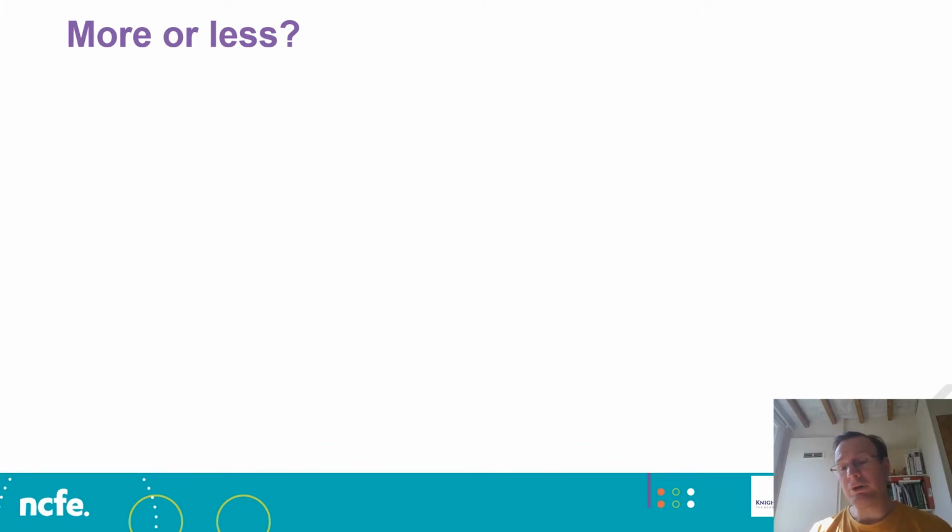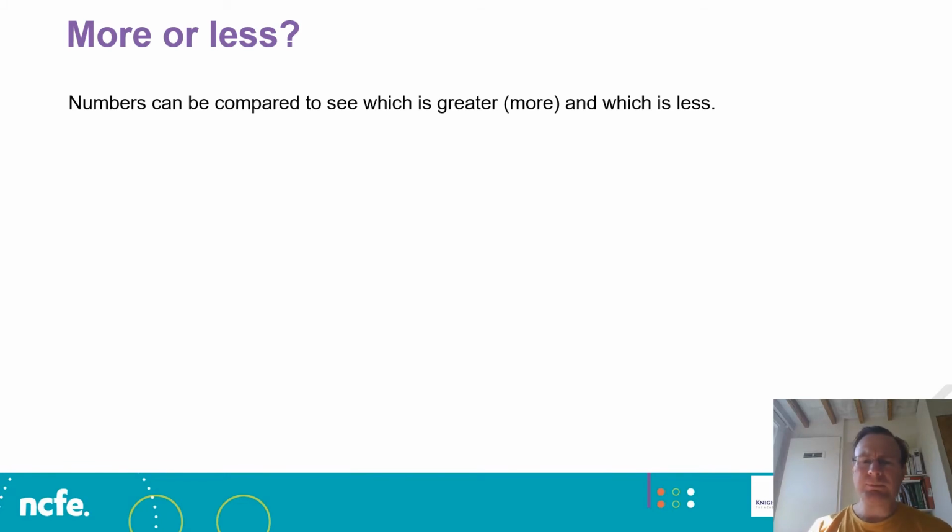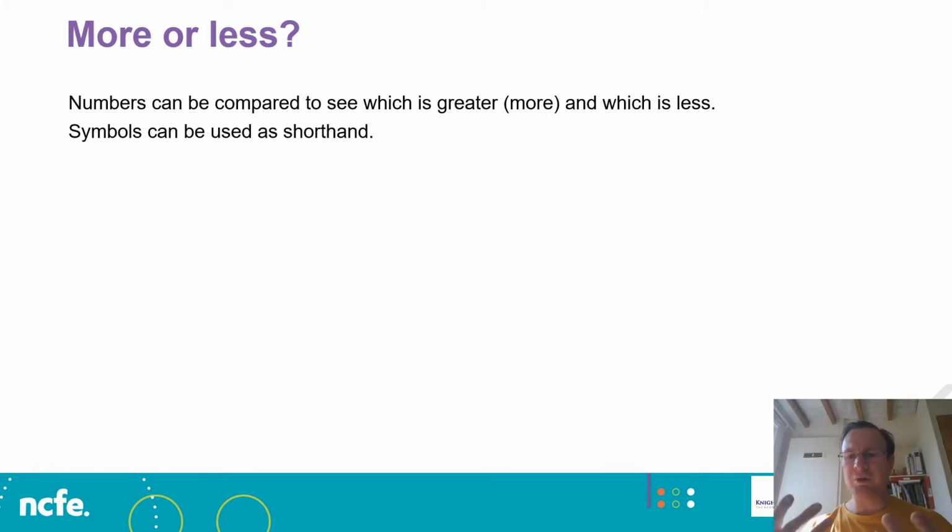So now we're moving on to these concepts of using figures to describe numbers as being more or less than another number. So we determine whether a number is greater or whether it is less, and we can use symbols as a sort of shorthand. This is quite useful certainly in the fitness industry, where we do things like categorizing people in certain body mass index levels, certain things like body fat percentage.